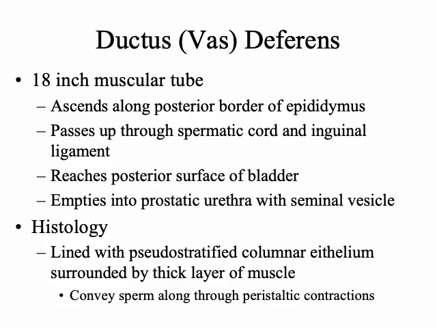Now, the ductus deferens is actually a long tube. It's going to start where the epididymis leaves off, and it's going to go up through the spermatic cord. It's going to pass through the inguinal ligament. That's the base of the pelvic floor with all the muscles, and there's just a little hole for the spermatic cord to enter, with all the structures like the vessels and the lymph and the artery and the ductus deferens.